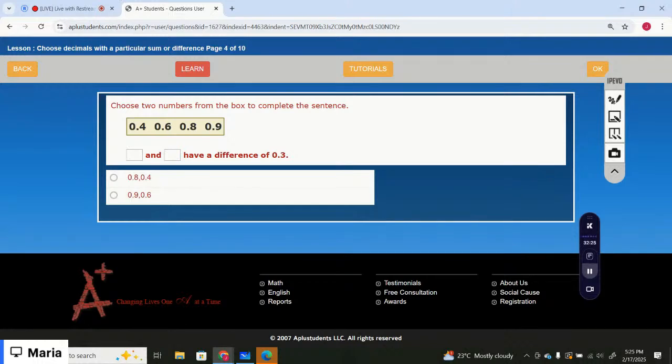Choose two numbers from the box to complete the sentence. So which two numbers have the difference of 0.3?